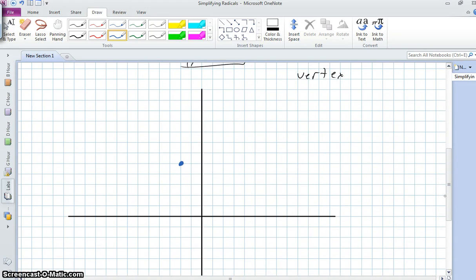Now, we need more than one point to make a graph, okay? And you haven't seen the basic shape, so it's going to be a little confusing at first, but I'll show you as we go, all right? Now, there's always an imaginary line called the line of symmetry that runs right through the vertex, okay? What the line of symmetry does is it divides your graph, whatever you draw, in complete even halves, all right?